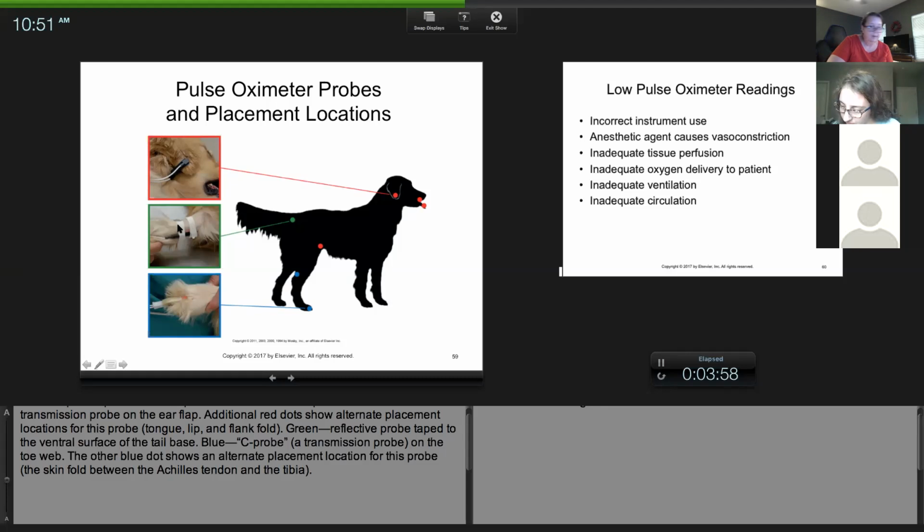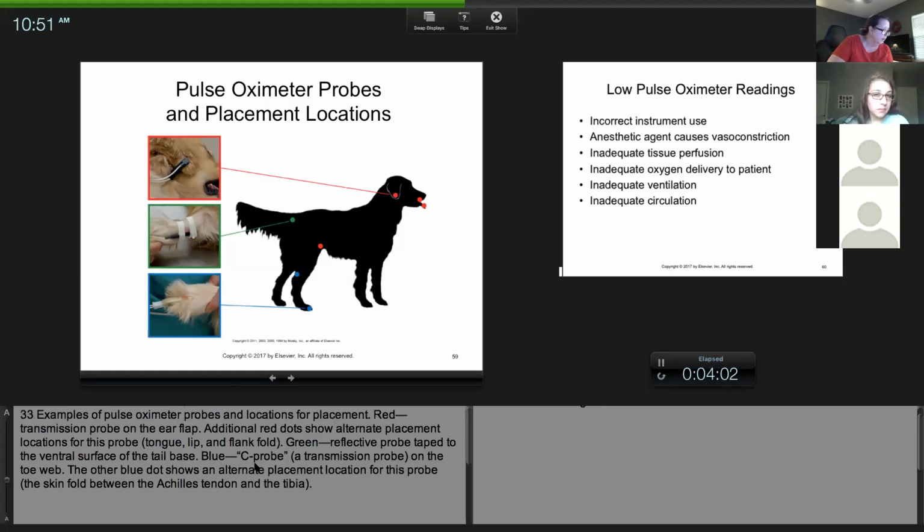They actually have it placed, it looks like, over the hock or the tail base. The green one here is right under the tail. I haven't done this one, but there is a ventral tail artery. Real close to here would be the rectum, and you can place it under there. And then the blue dot, here's between the toes. So we're in that toe web.